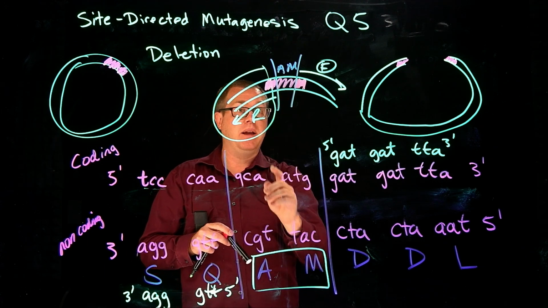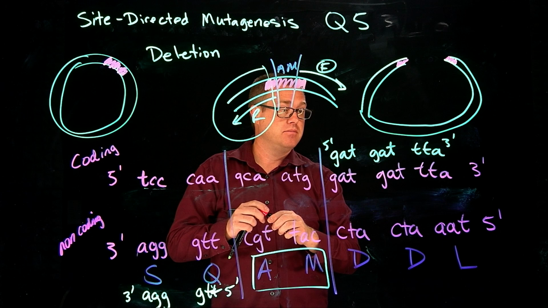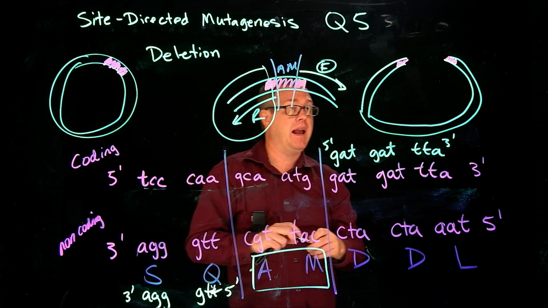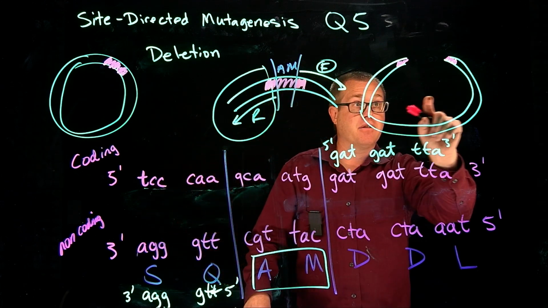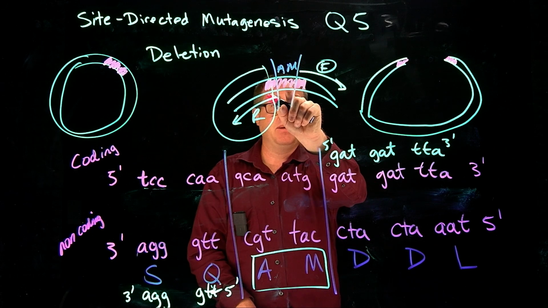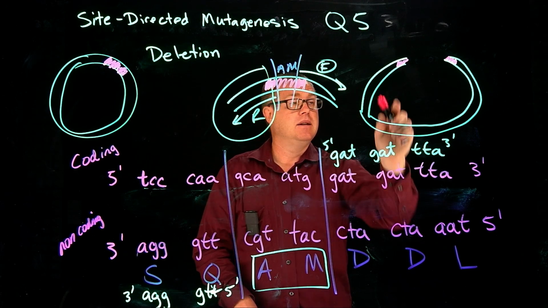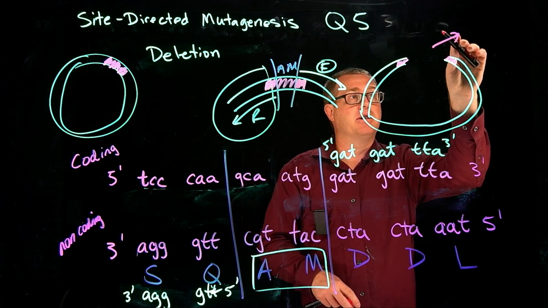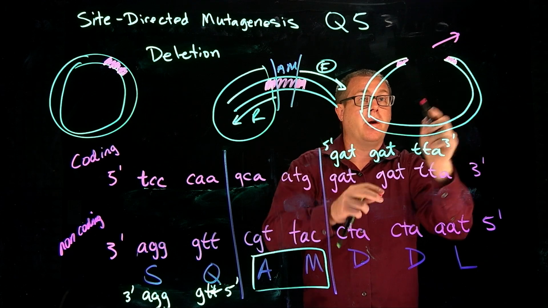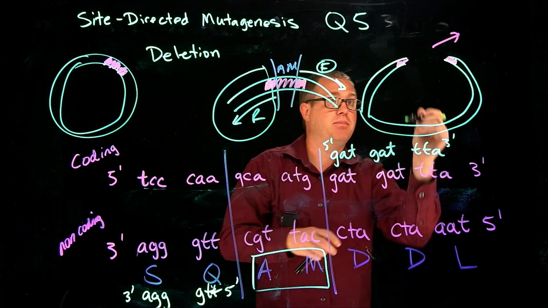But now that has been chopped out because we have made copies and multiple copies of this linear form of DNA, and this piece has not been copied. And so then you would take this linear DNA and treat it with your DNA ligase, and then you're going to put these back together.